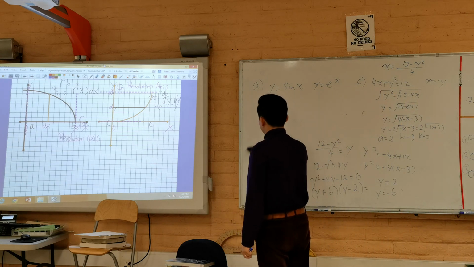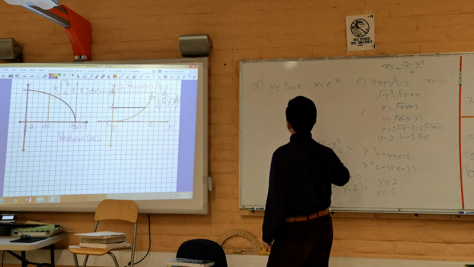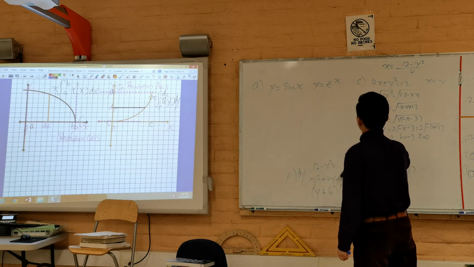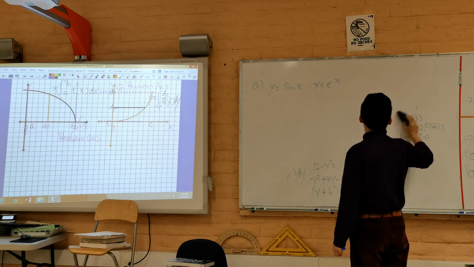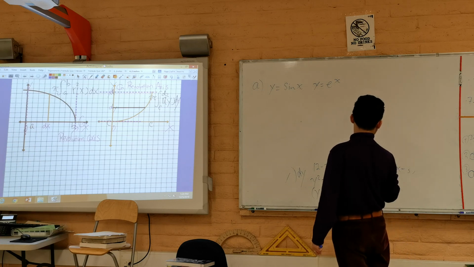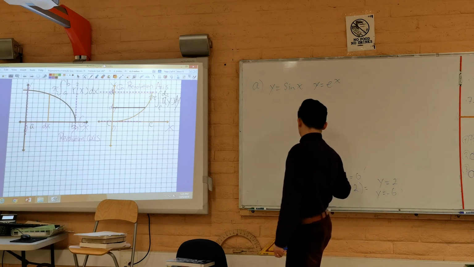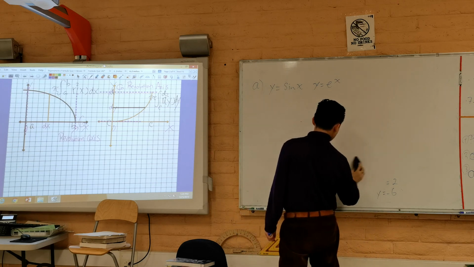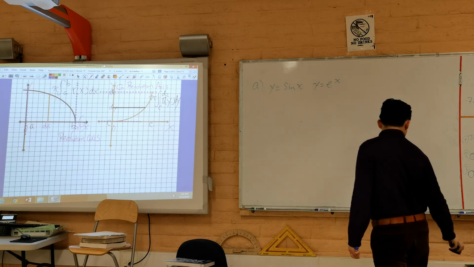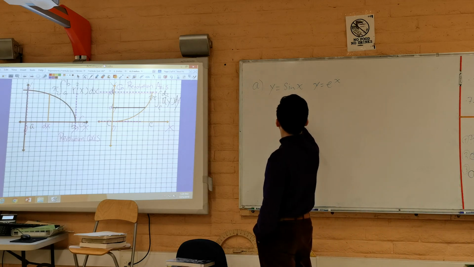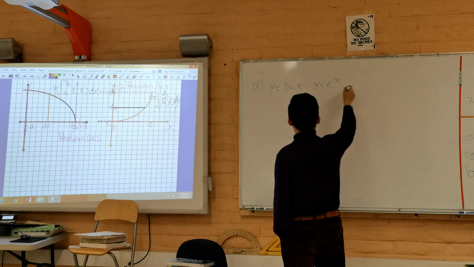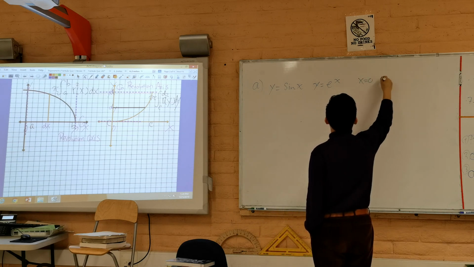So let's just use the exact same problem here: sine of x and e to the power of x. The one that we did earlier was finding the area between two curves, and this one goes all the way from 0 to pi over 2.